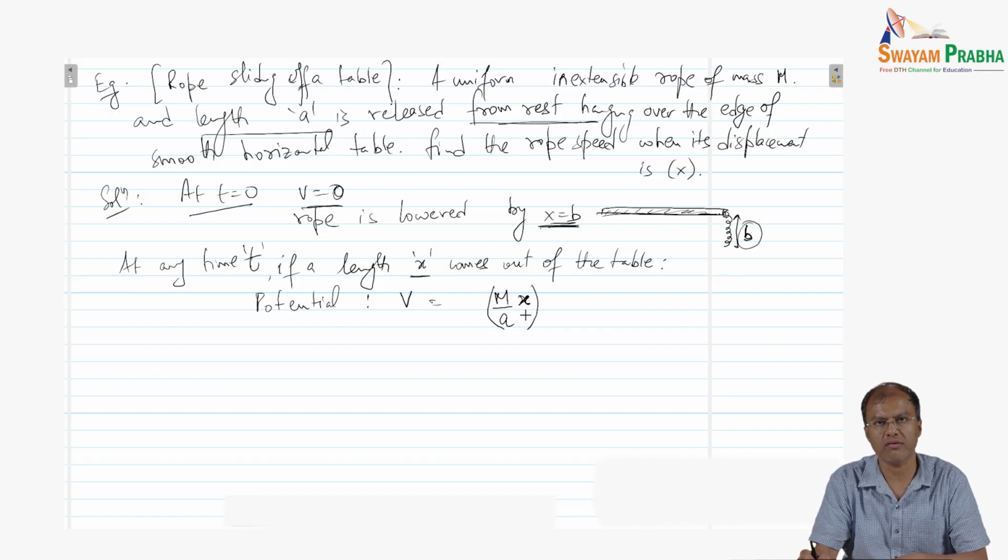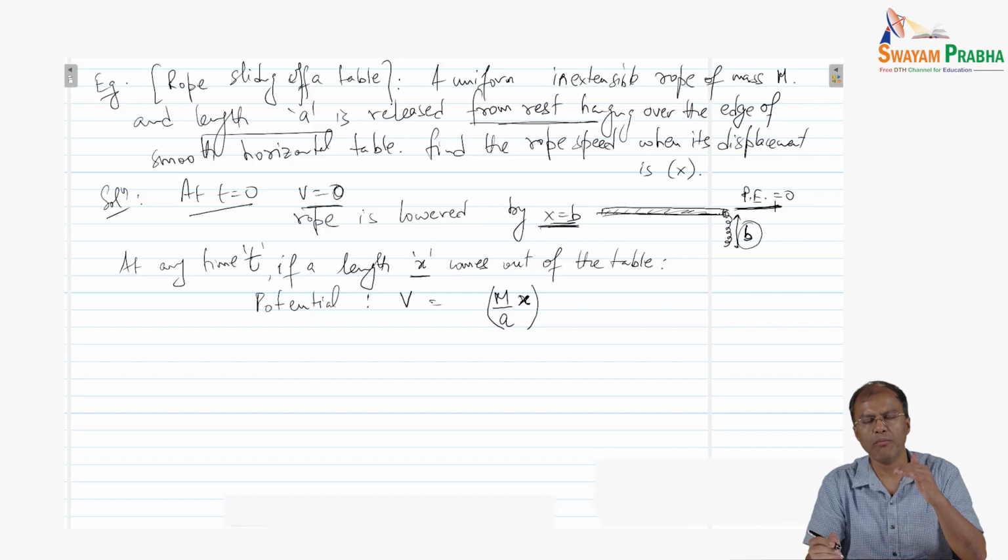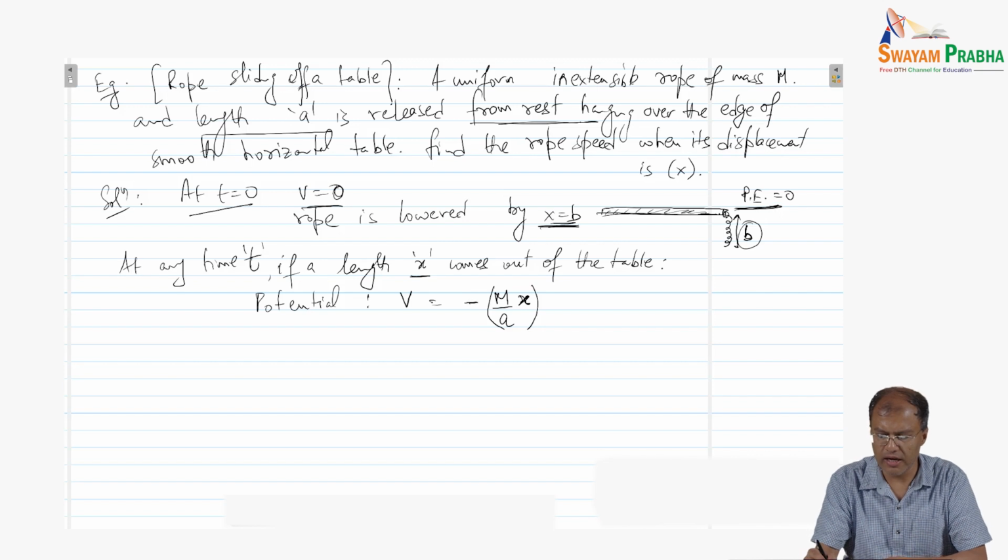So this is the total mass of the rope which is hanging, right? And of course, since it is hanging downward, we put the table to be the zero potential base. The table is at potential 0. So anything which is going below the 0 is going to be negative, so we need to put a negative sign, and now it is m times g times whatever the length is going down.